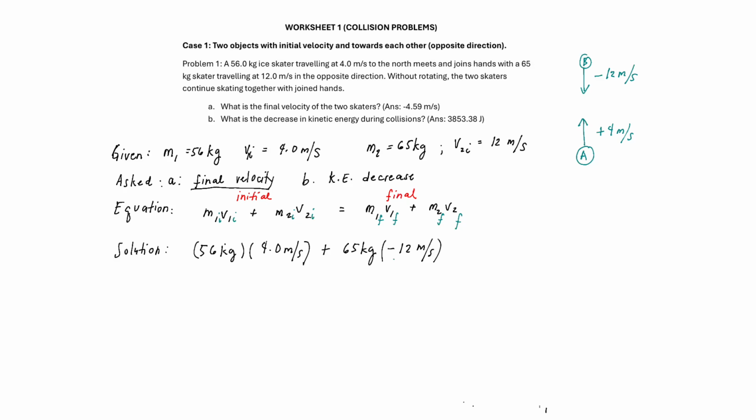Don't forget that this one is negative because it is in the opposite direction. Now continuing, we have mass 1 again, 56 kilograms. However, we don't know the value of the final velocity, so we represent it as Vf, plus 65 kilograms, and again we have the Vf here.